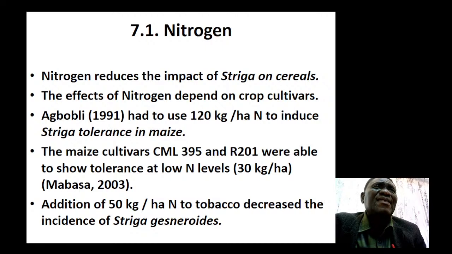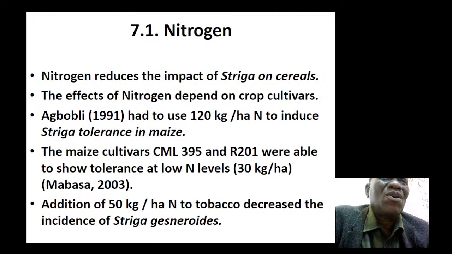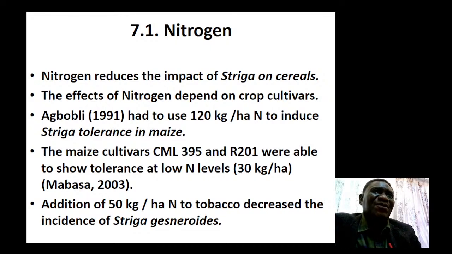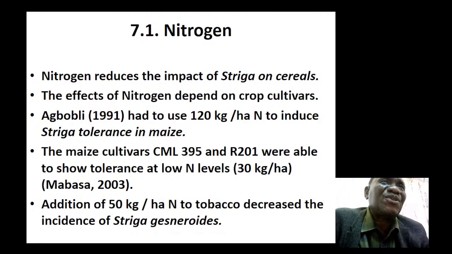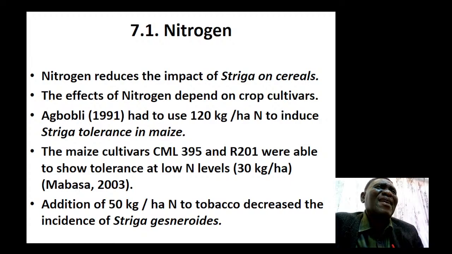Now some scientists like Agbon in 1991 recommended the use of 120 kg of nitrogen just in order to induce striga tolerance in maize. But this could be too high.